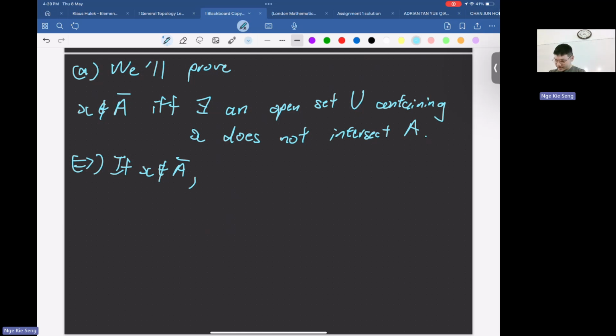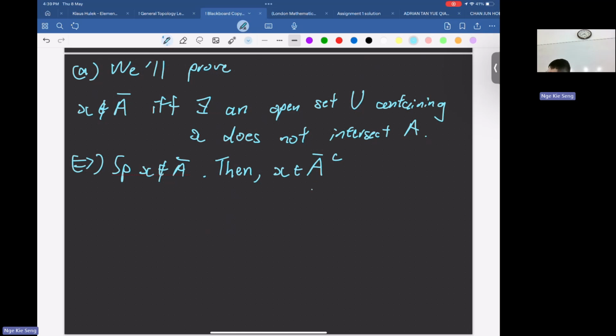So let's suppose X is not in A bar first. You want to follow your idea? So let's follow your idea. Then X is in the A bar complement. Then what does A bar complement mean here? We can write it down.